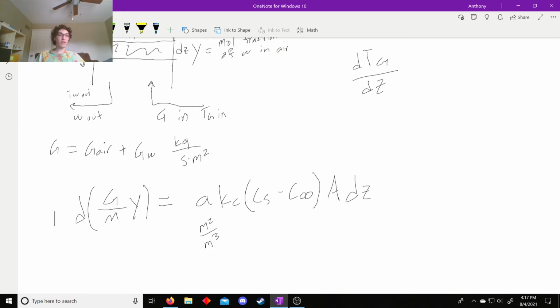Then we would multiply here by the meter squared of the cooling tower, which would give us just moles. So we change how we define G, and because of that, we need to add in this A here, this area, in order to keep this the same as it was before. But what this allows us to do is now we can cancel these A's here. So it's actually a bit nicer.